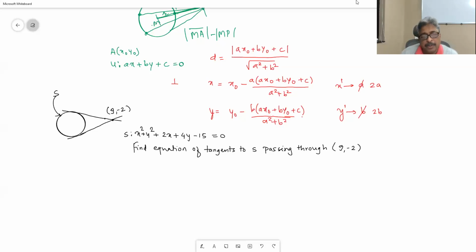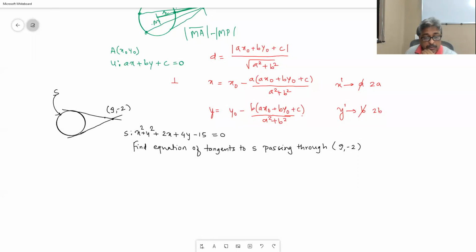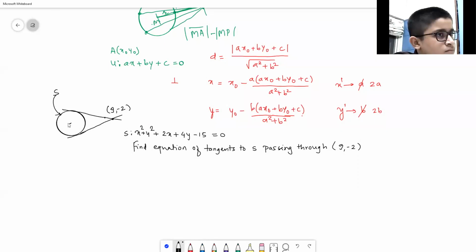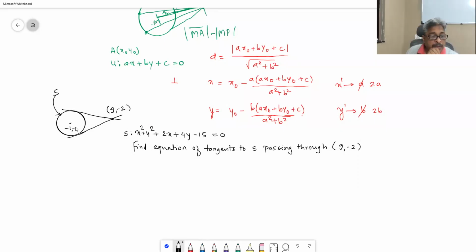Now to solve this problem, we know the center of this circle is (-1, -2), and we also know the radius of the circle. Radius is 1 plus 4, that is 5, plus 15, 20, so root 20.